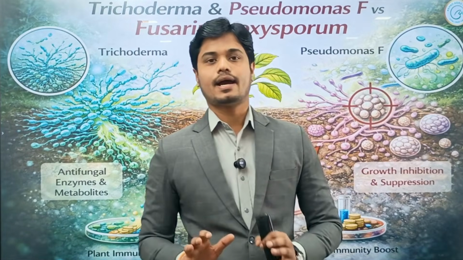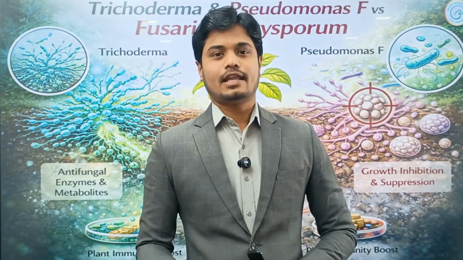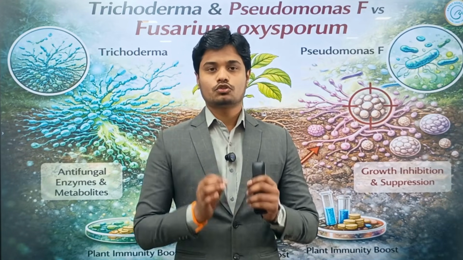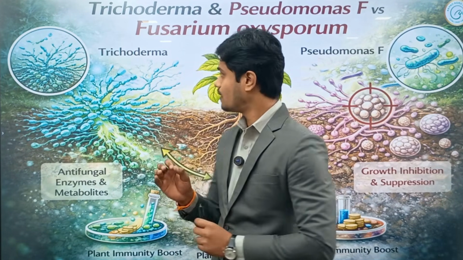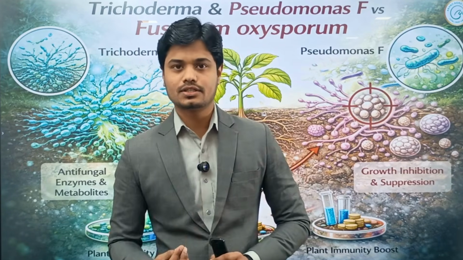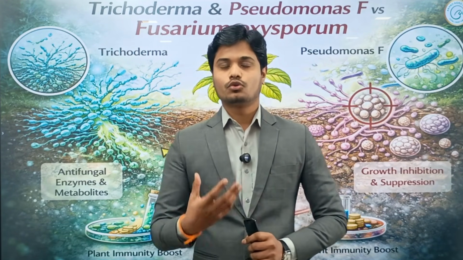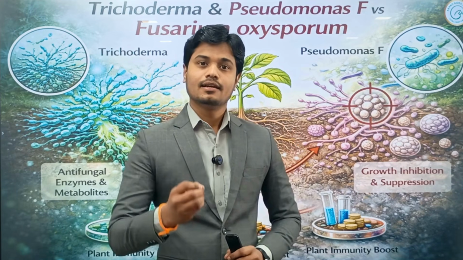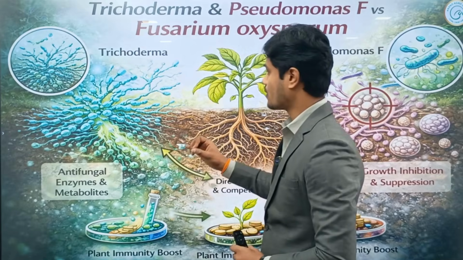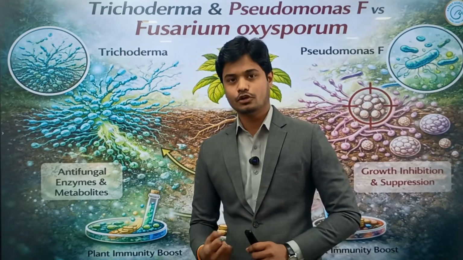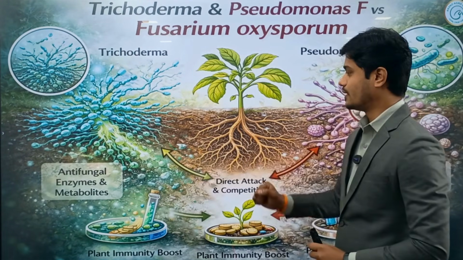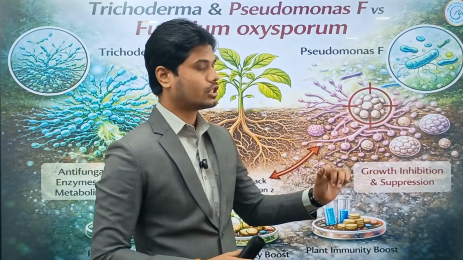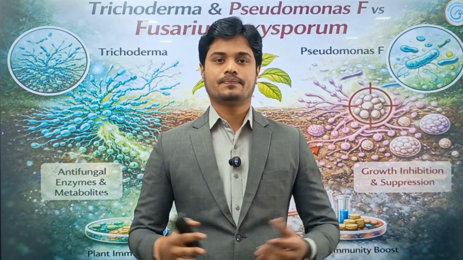So now why am I suggesting only Trichoderma and Pseudomonas? Because Trichoderma and Pseudomonas are biological control agents which can grow in the root zone fast, and they compete for space and nutrients inside the soil. Therefore, it is very difficult for Fusarium oxysporum to establish.